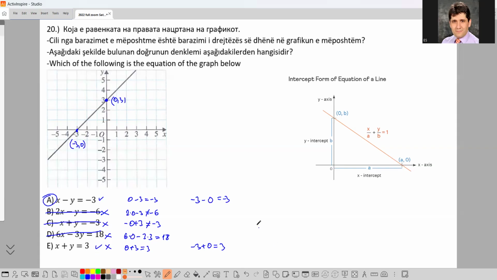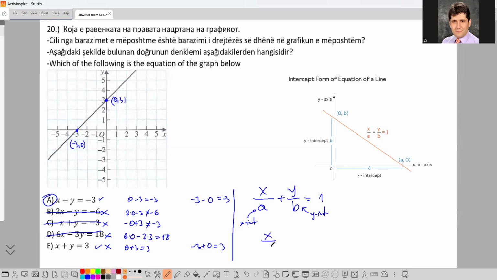Now, another way would be to use a formula that we covered for the equation of the line. One formula is the one you see here, x over a plus y over b is 1. What are a and b? a is the x-intercept and b is the y-intercept.